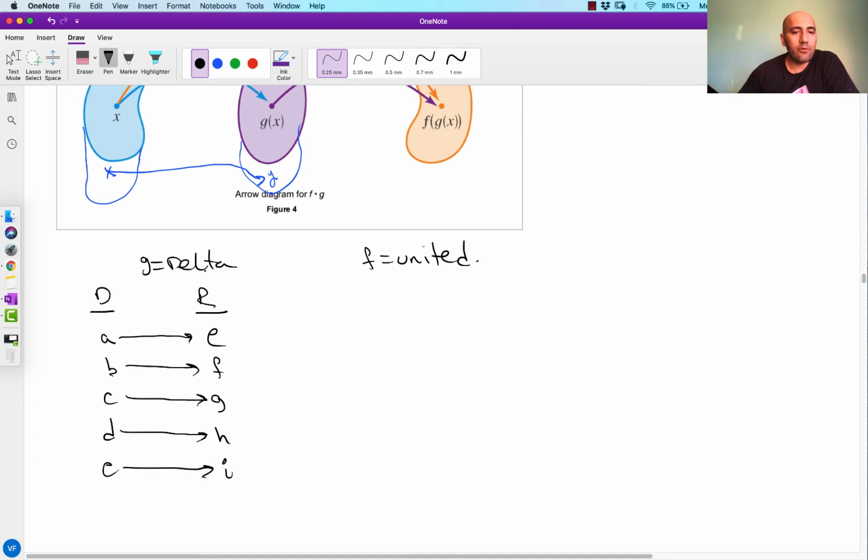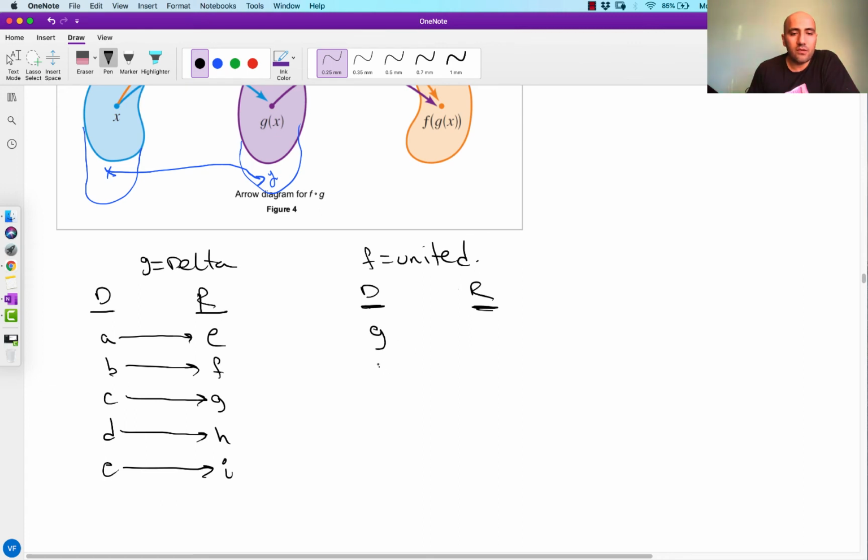So in my little example, this is Delta Airlines. These are a bunch of cities where they operate from. They can take off from there and they can land in these other cities. And then I have United, and it's got its own domain and range. So there's J. They have their own domain and range, so maybe there's a bit of an overlap.